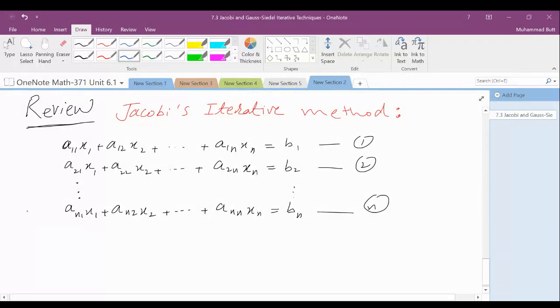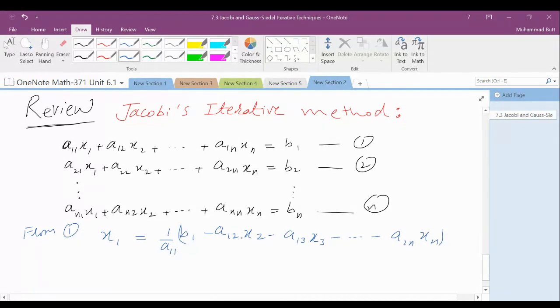So you can see that from equation 1 you write x1 is equal to 1 over a11 times b1 minus a12 x2 minus a13 x3 minus, and then minus a1n xn.